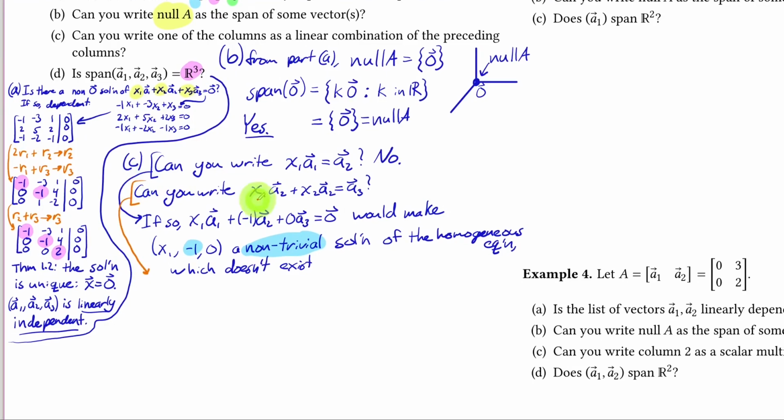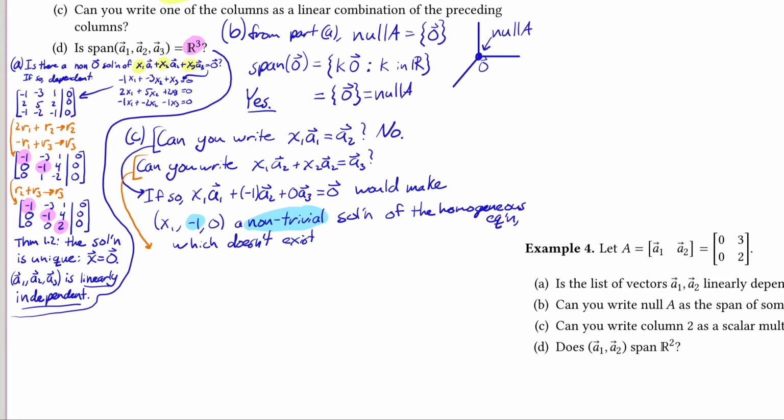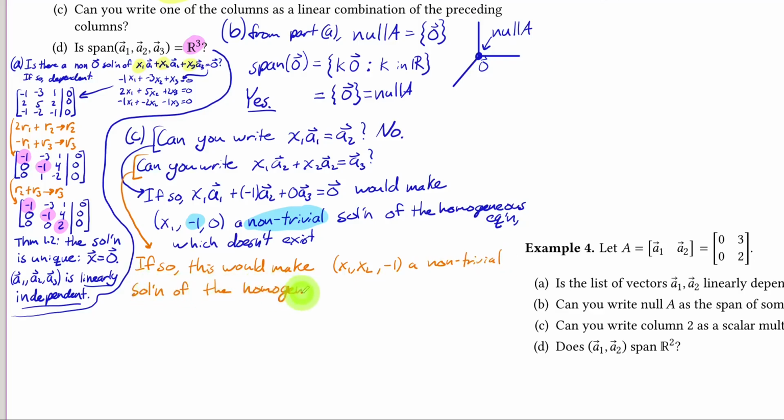If there is an x1 and x2 that gives you A3, so just like before, if you have an x2 and x1 that makes this equation work, you could just subtract A3 from both sides to give you x1A1 plus x2A2 minus 1A3, which is a non-trivial solution of the homogeneous equation, which does not exist because the set of vectors is linearly independent.